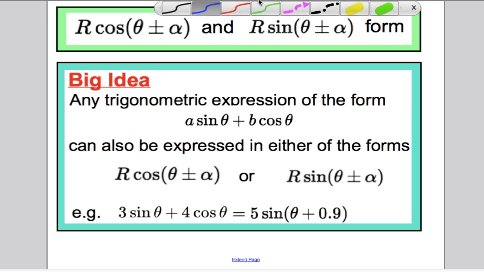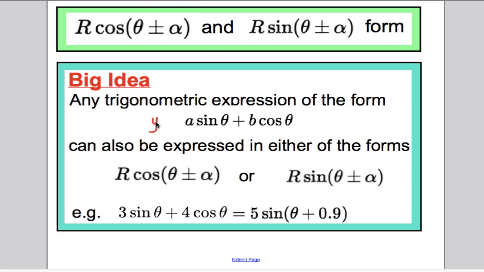The way I showed that on the demonstration was that any graph that looks like that can also be written as a simple cos graph stretched appropriately in the y direction and shifted appropriately in the theta or x direction, or can be fitted exactly with a sine graph stretched appropriately in the y direction and shifted appropriately in the x direction. And in our particular example, we showed that the graph 3 sine theta plus 4 cos theta was the same as the graph 5 sine of theta plus 0.9 radians.